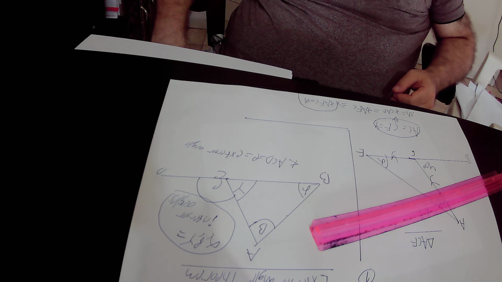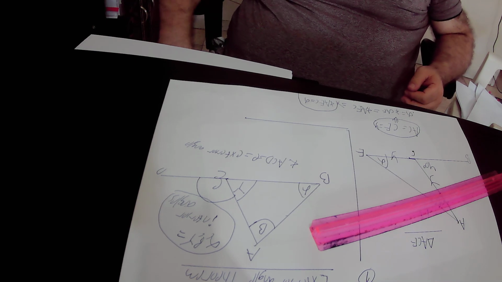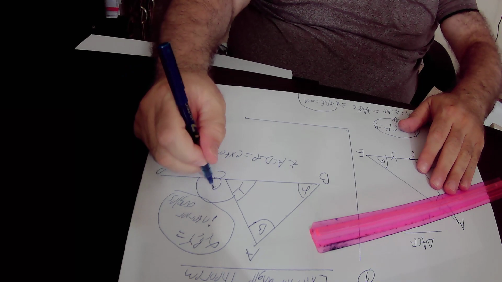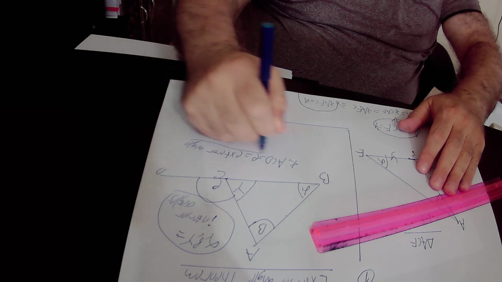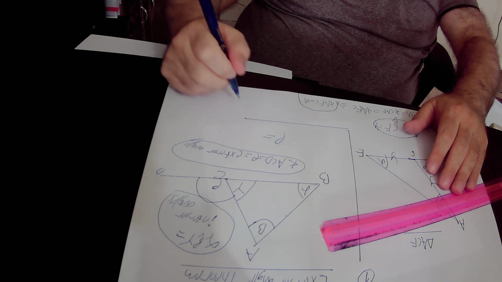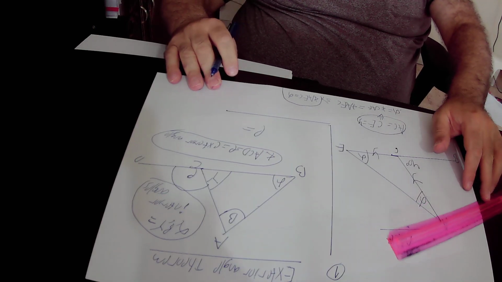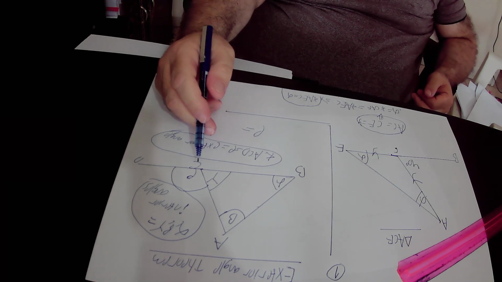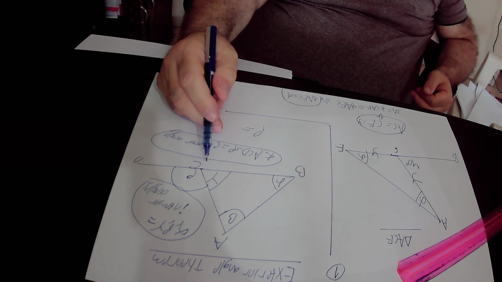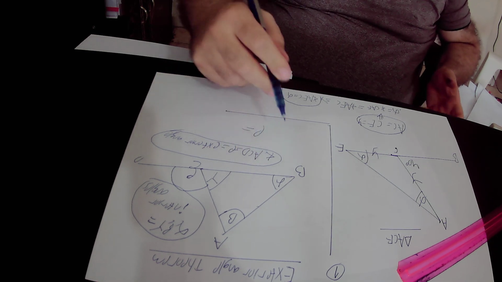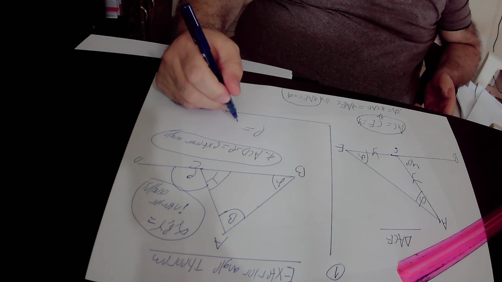So according to the exterior angle theorem, the size of the exterior angle E equals the sum of the two interior angles that are not adjacent to it. Angle gamma is adjacent to angle E, and the two other interior angles that are not adjacent to it are alpha and beta, and the sum of those two angles is alpha plus beta.